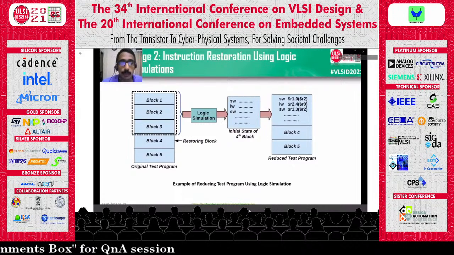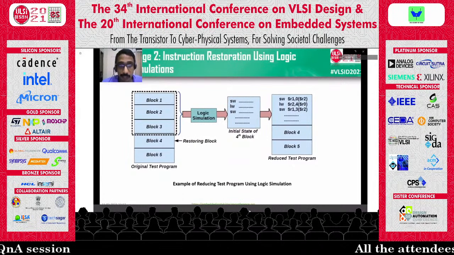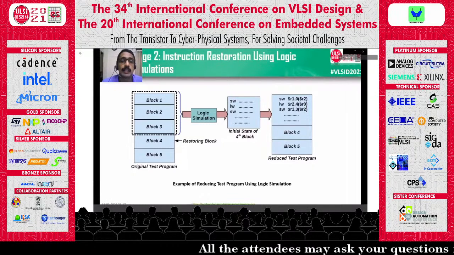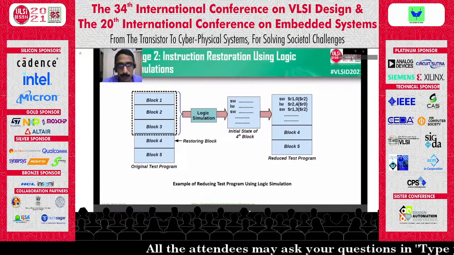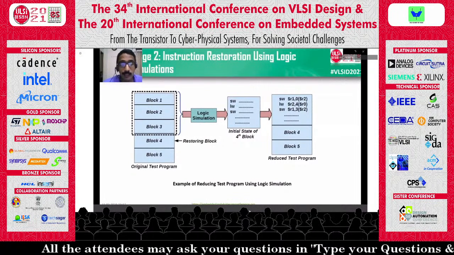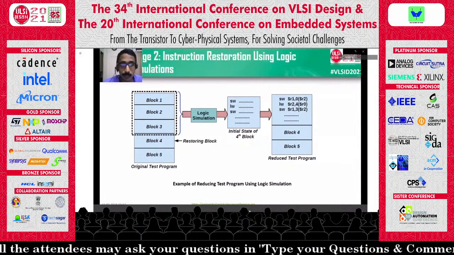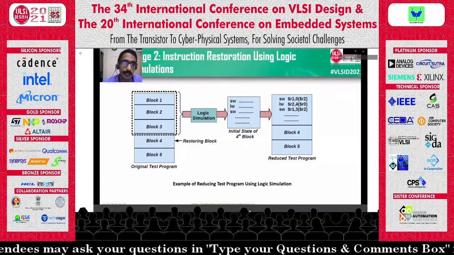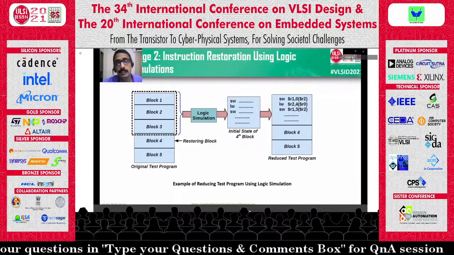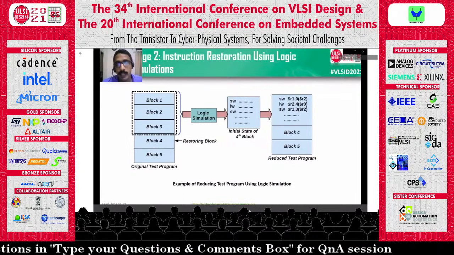While restoring block 4, the top blocks are already restored, and we can do the logic simulation of the top blocks so that we can get the observable locations of the top 3 blocks and the states of the processor.